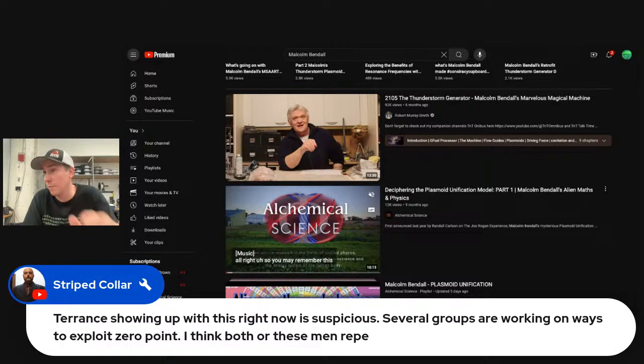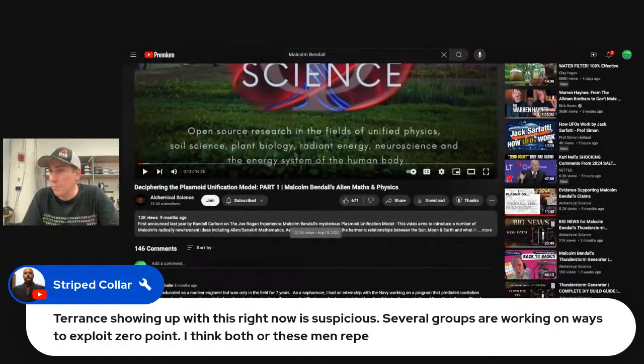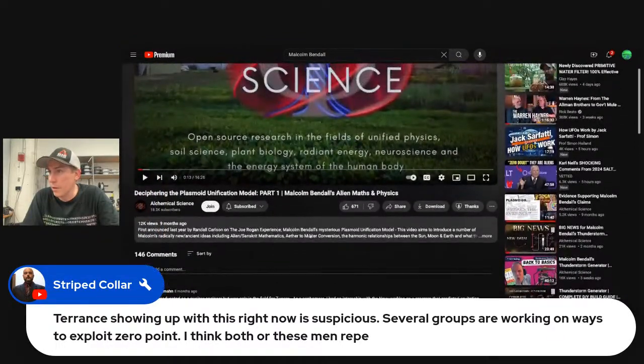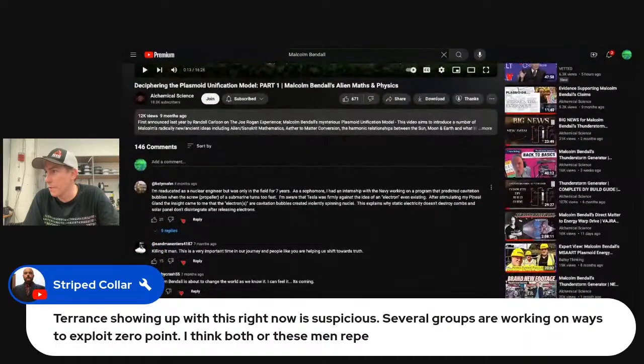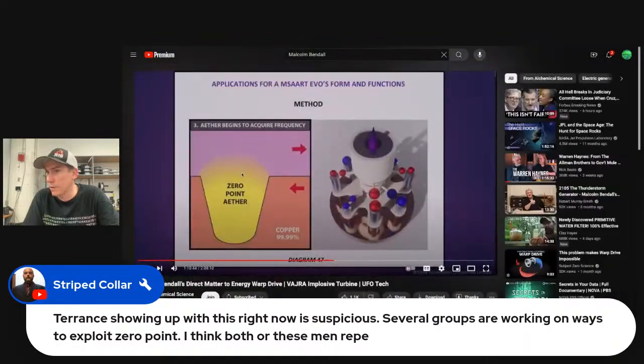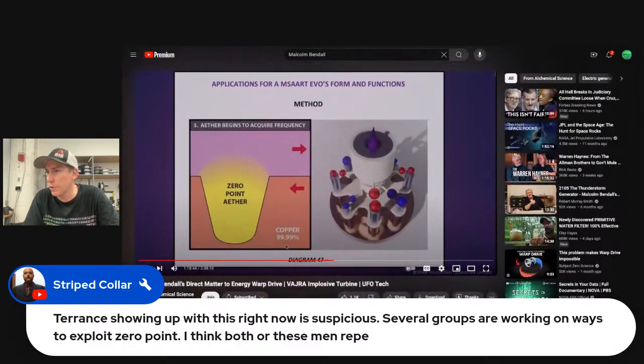I was trying to find that so I could play it on the show today, just to show all this stuff. But this plasmoid unification model of physics that Malcolm Bendall has come out with, and now he claims that he's got a warp drive. Malcolm Bendall's direct matter to energy warp drive, the Vajra implosion turbine.